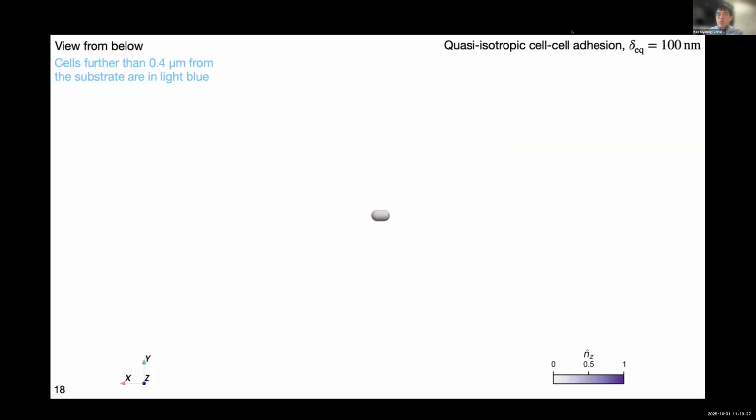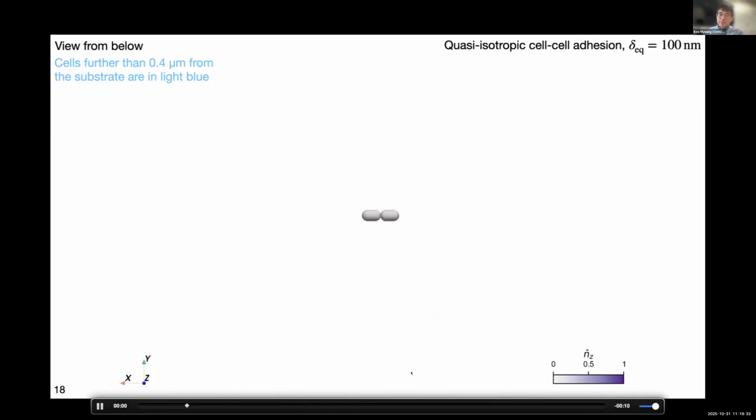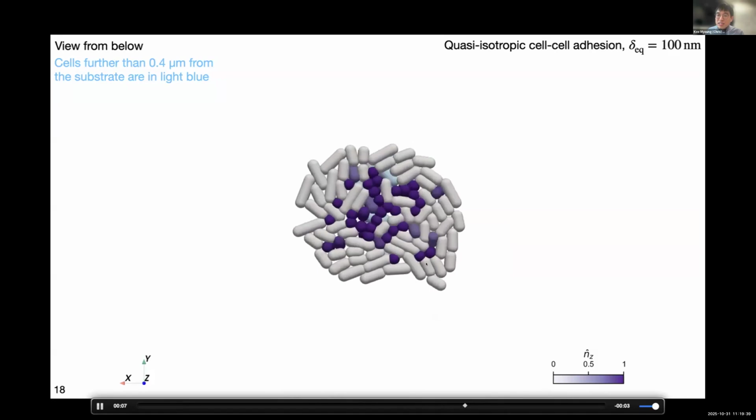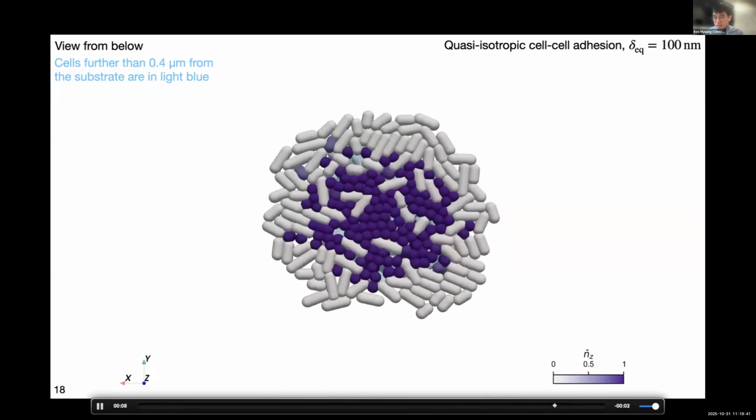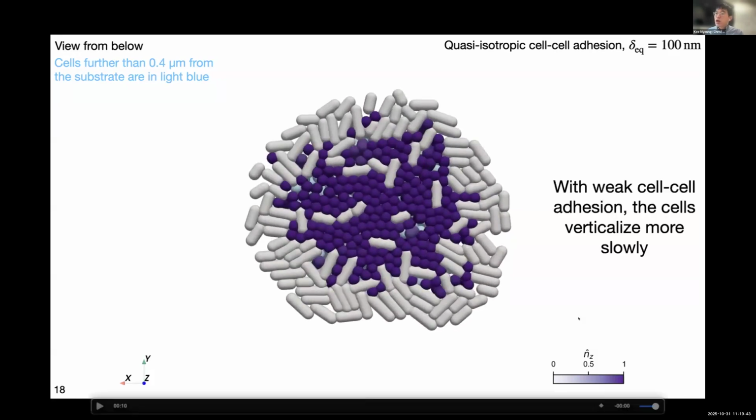Now what happens when we introduce cell-cell adhesion? So a weak amount of cell-cell adhesion. What we see is a similar morphology, but now we're starting to see the cells actually rotate. So now the cells are verticalizing more slowly with weak cell-cell adhesion.